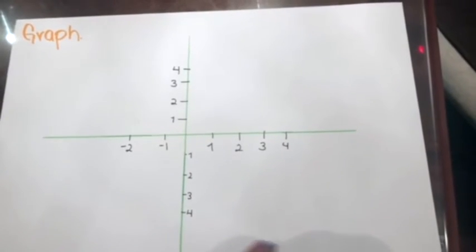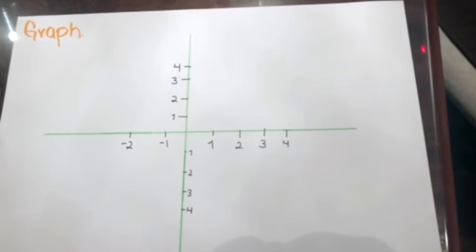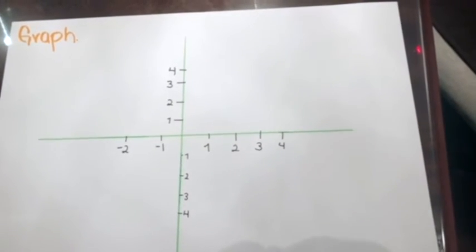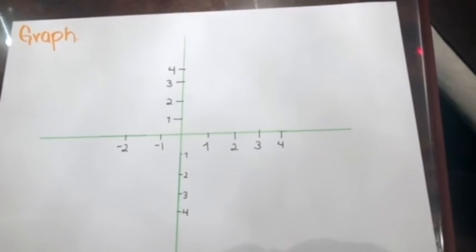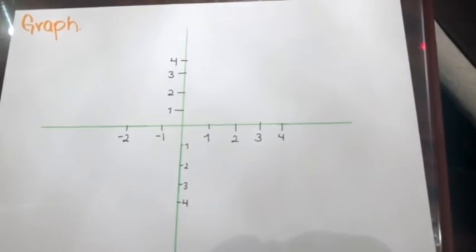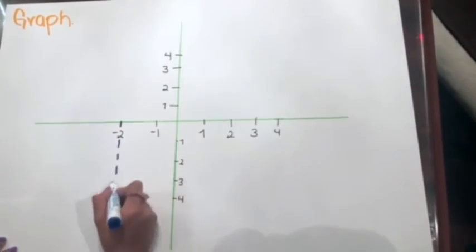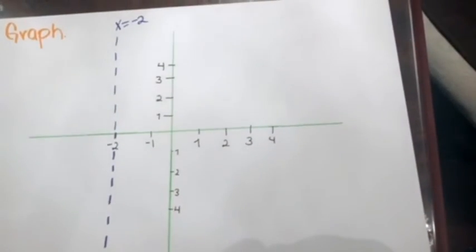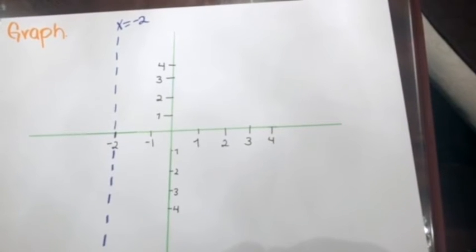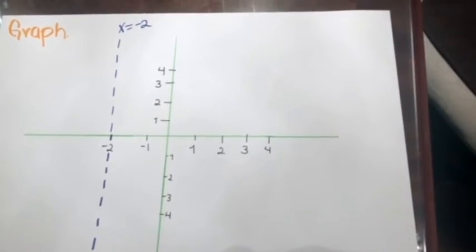Now we're going to graph all the values that we got previously. The first value we're going to set is the vertical asymptote, that is x equals minus 2. So that means it would be on here. Our next value would be our horizontal asymptote, that is at y equals minus 4.